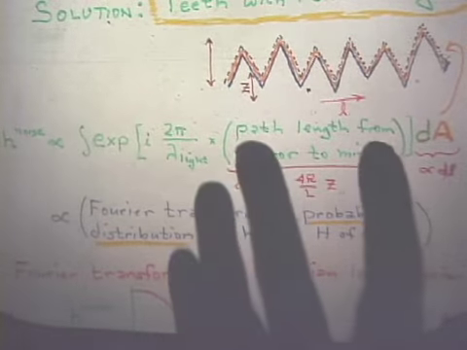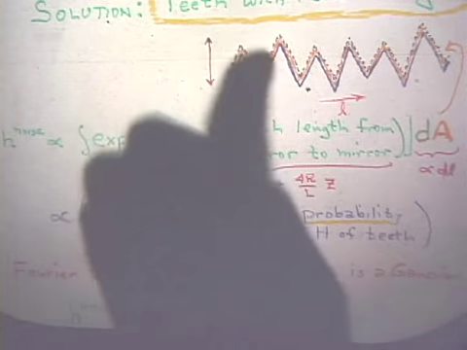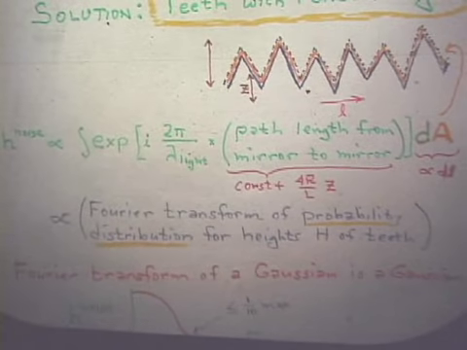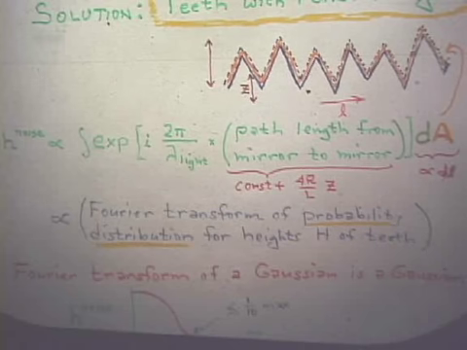And so when you do the integral along the edges and get a number from here, a number from there, it winds up being a Fourier transform of the probability distribution for the heights of the peaks and valleys. So you just have to do a little bit of mathematics.